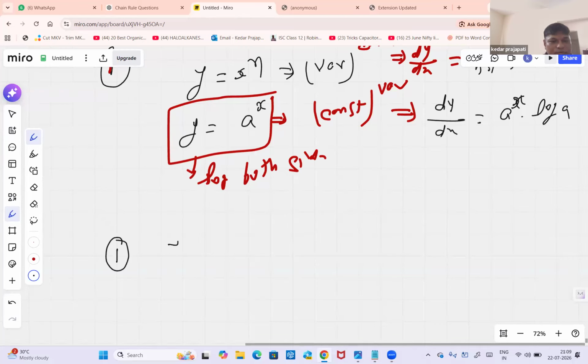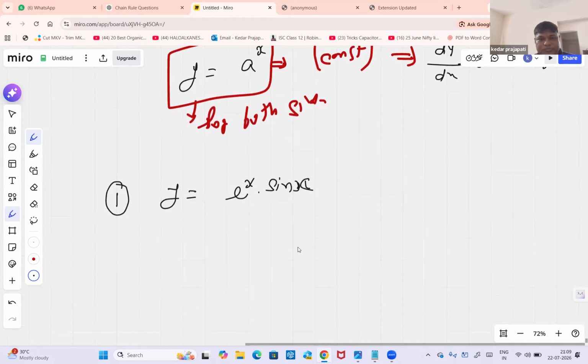Now, suppose y equal to e to power x and sin x is there. All these questions are previous year questions, it will come. So how will we solve it? You take this in UV form.